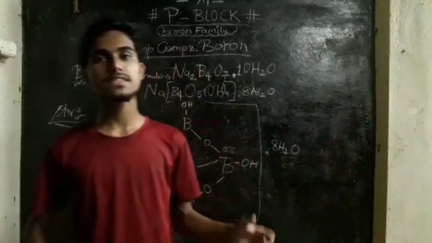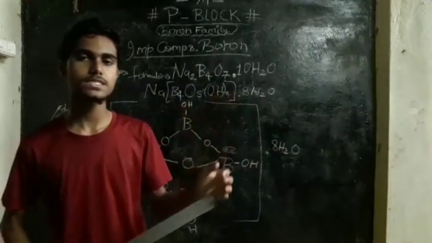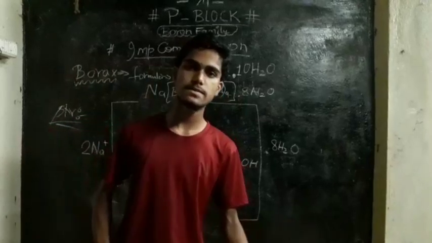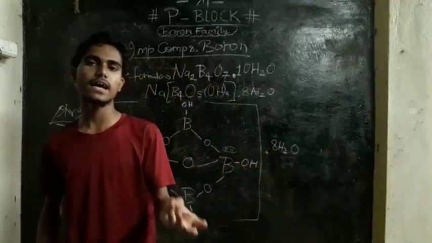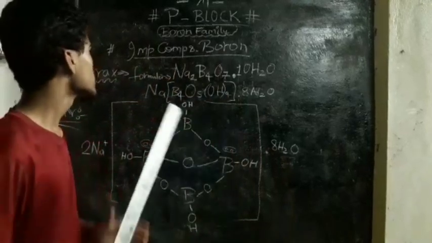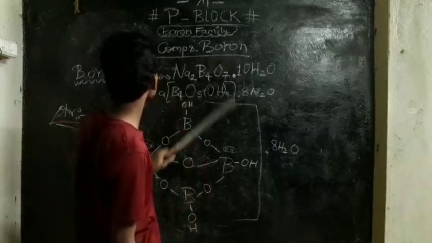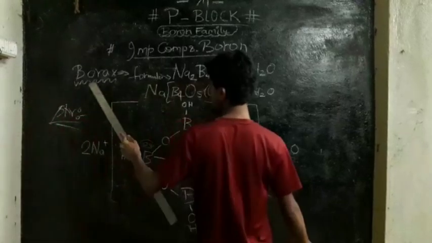Like reactivity with oxygen, reactivity with nitrogen, reactivity with halogen, there are many such types like reactivity with alkalis, reactivity with dilute acid, etc. Now we will see some important compounds of boron. First we have borax.